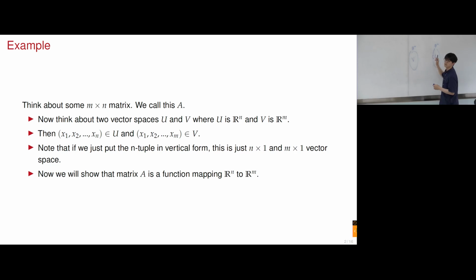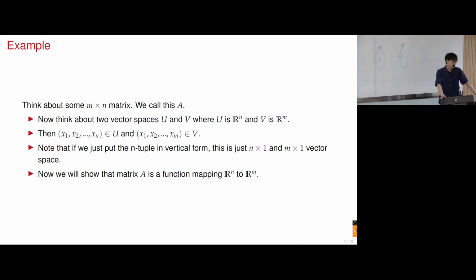As I said, multidimensional R spaces are basically vector spaces. So in this case, some vectors from x1 to xn are an element of U, and x1 to xm are an element of V. Note that I changed the notation for vectors, but they're the same thing. You can write vectors as columns, but you can also just write them as a row, like coordinates. It basically means the same thing, okay?